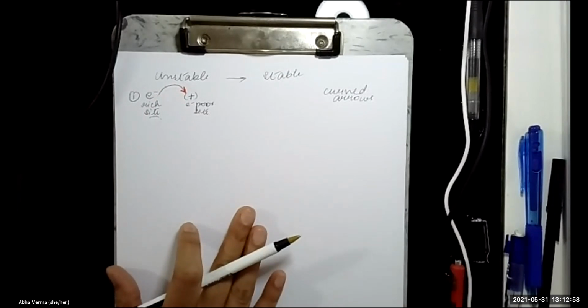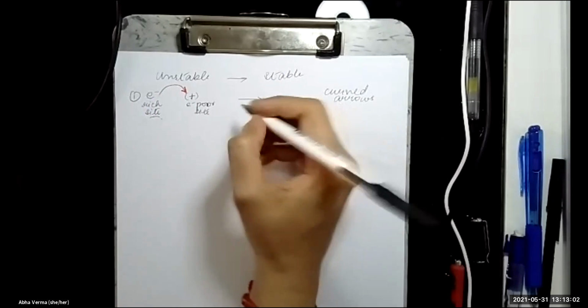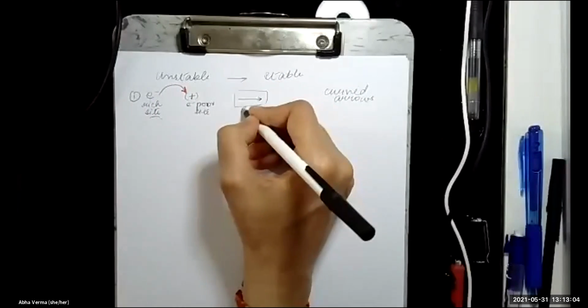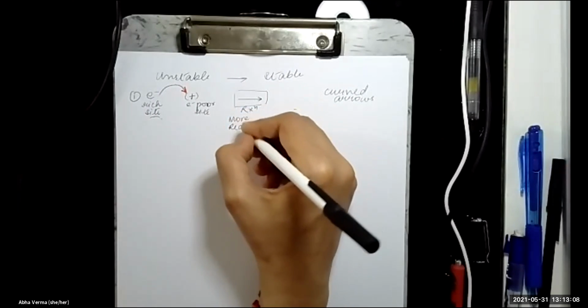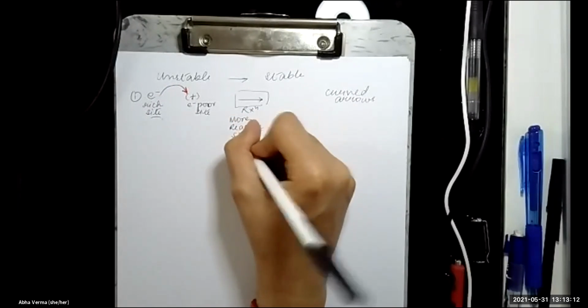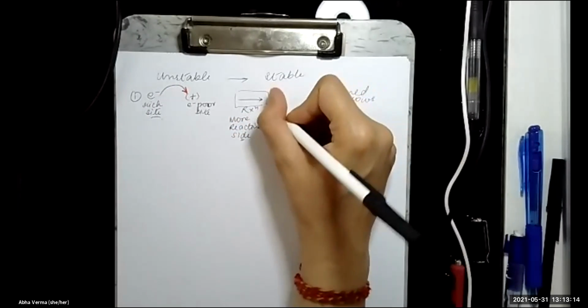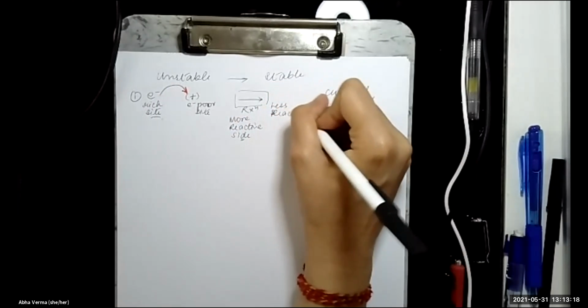Remember, this is an arrow for reaction, from a more reactive side to a less reactive or more stable side.